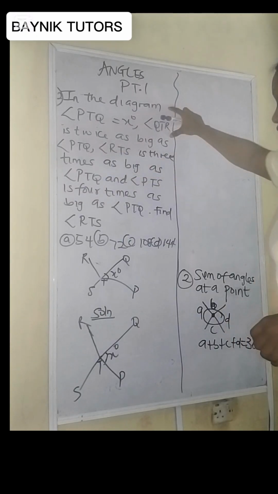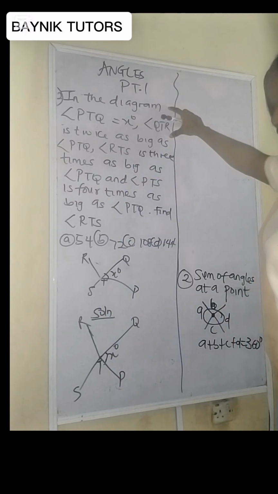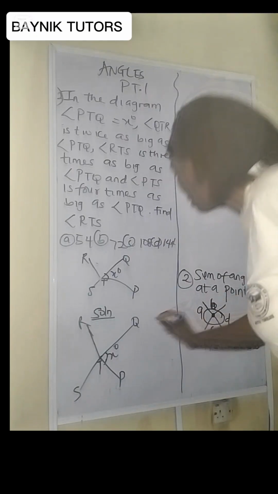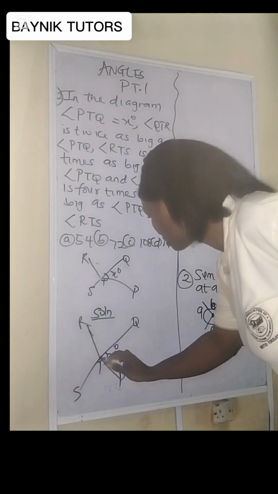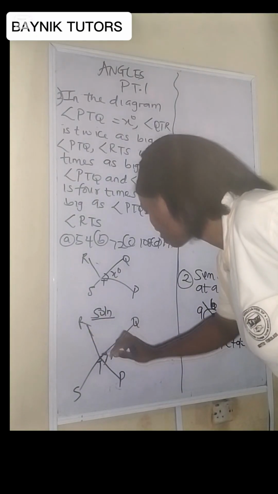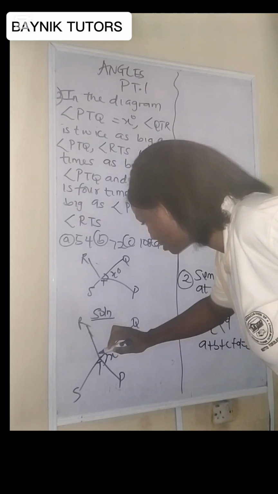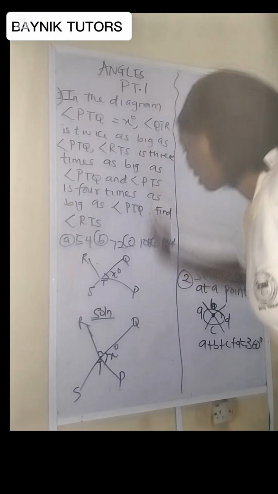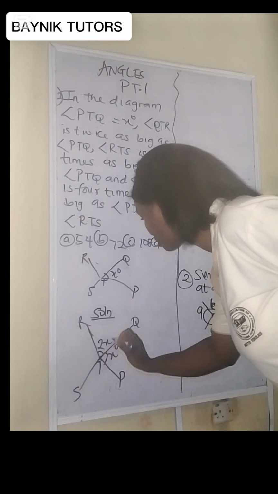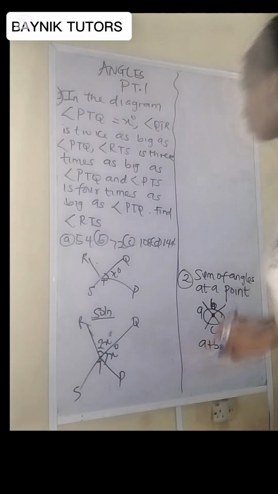So this is QTR, pointing towards the Q side, so it's here now. Is twice, that will be 2x.